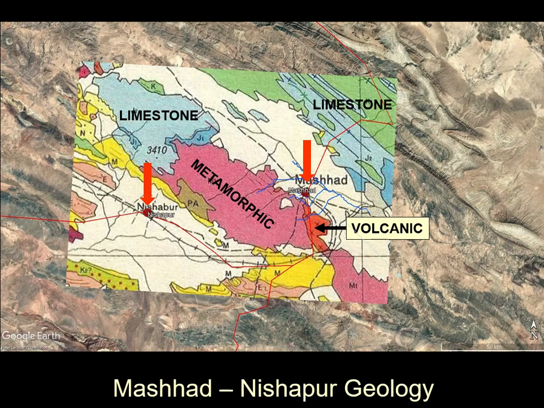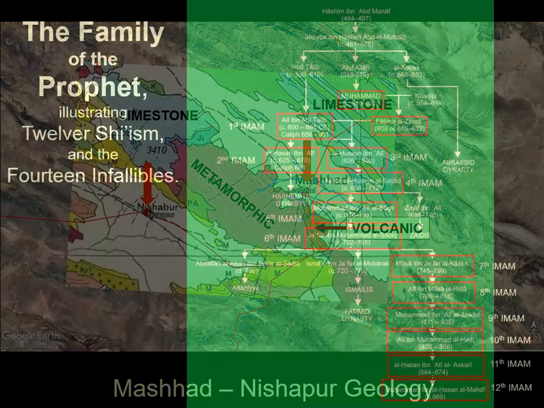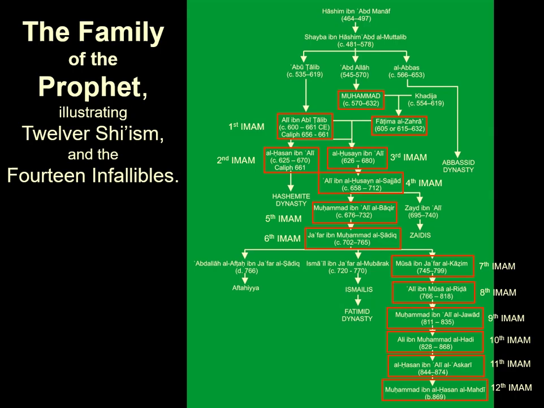The importance of Mashhad takes us back to Twelver Shi'ism, for the 8th Imam, which is this one, was murdered and buried here, making it the Mashhad of Al-Rida. Later it just became known as Mashhad.